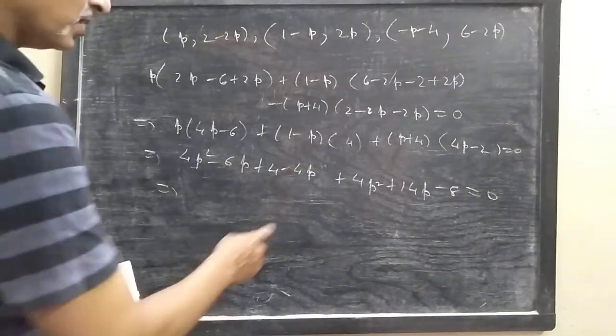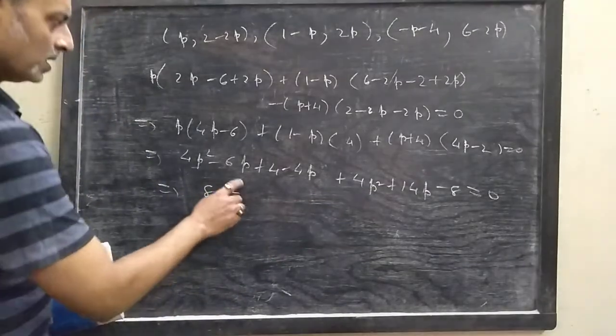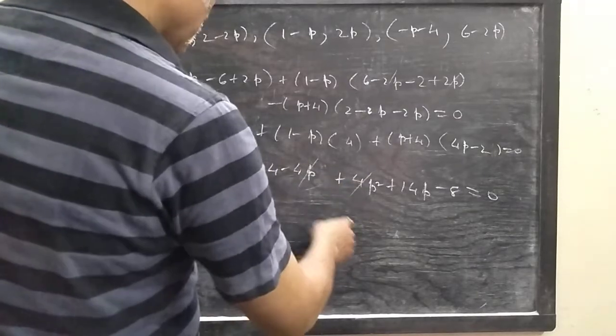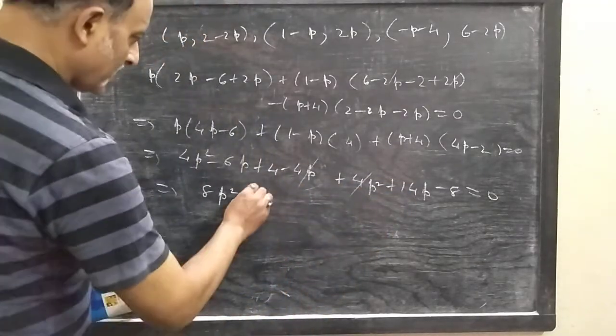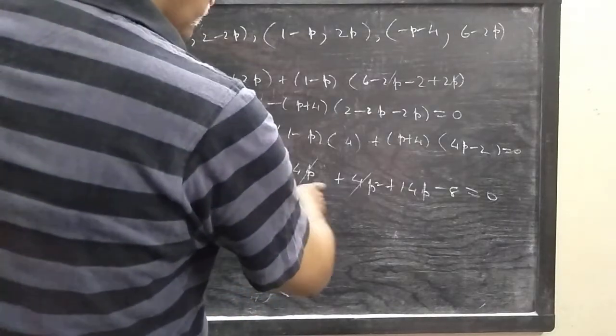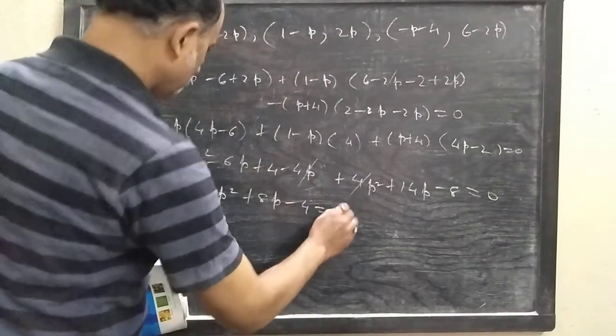This will be 4P square, that is 8P square minus 6P minus 10, minus 6 plus 14P plus 8P plus 4 minus 8, that is minus 4 equals 0.